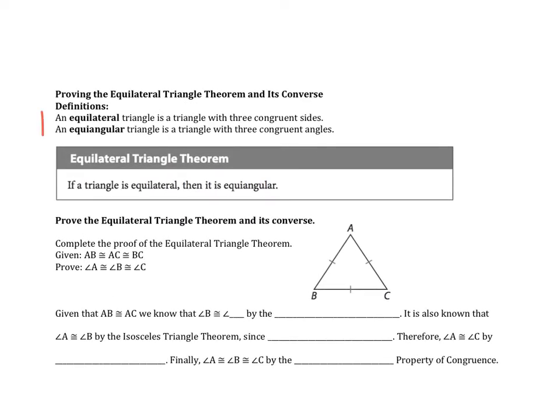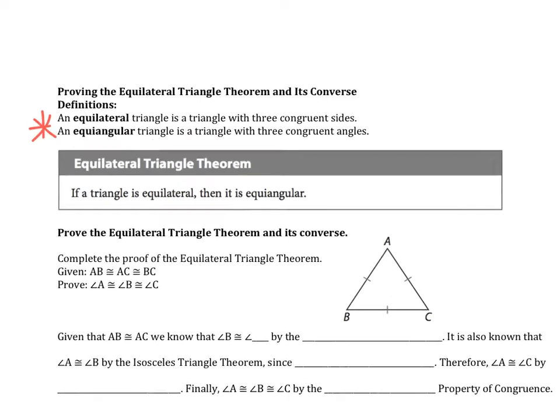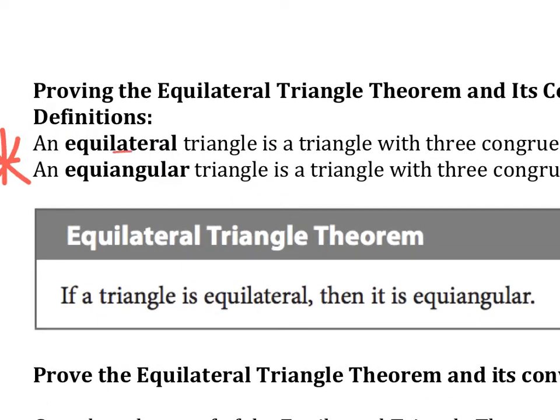So again, we have some definitions up here at the top. An equilateral triangle is a triangle with 3 congruent sides. Again, lateral is side. If you have lateral movement, if you move laterally, it's from side to side. And then an equiangular triangle, you'll notice the root word in there is angle.